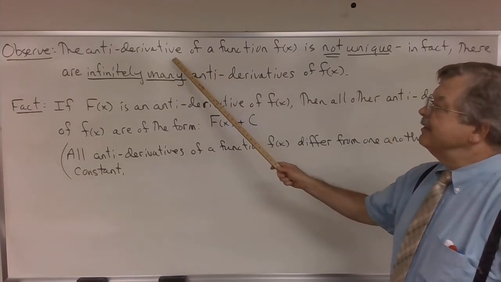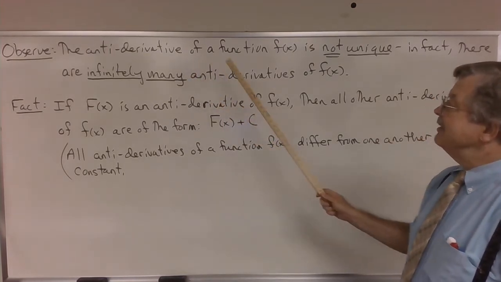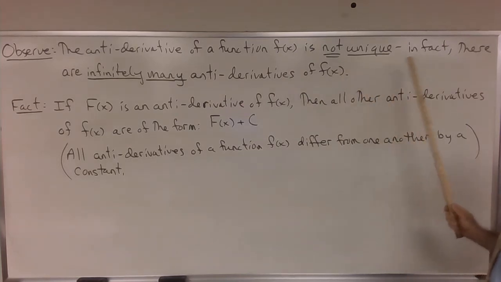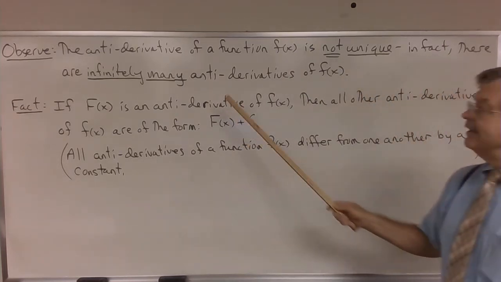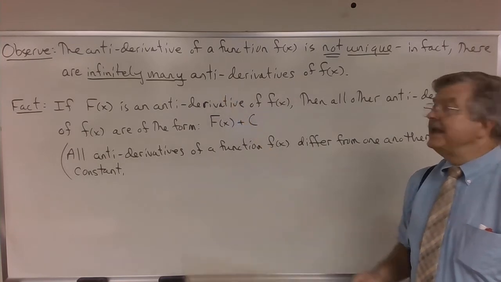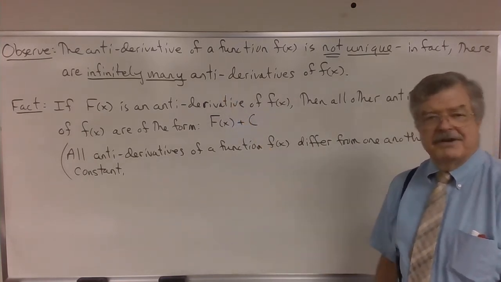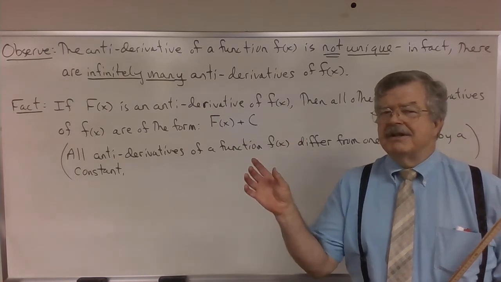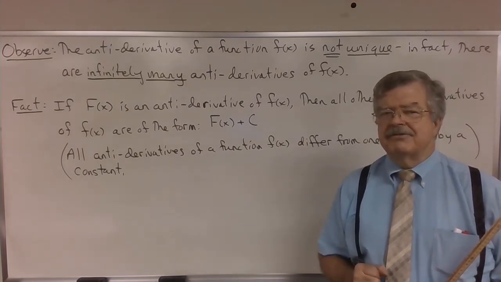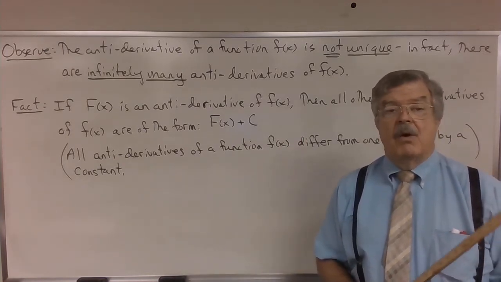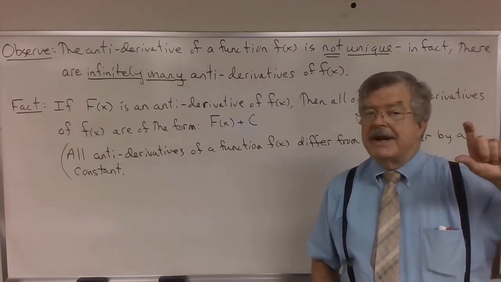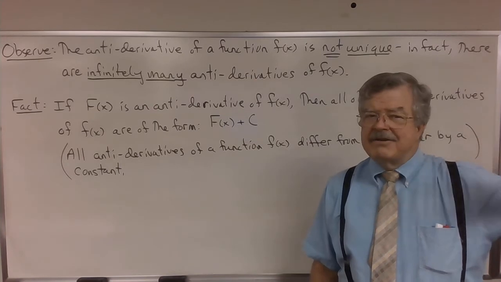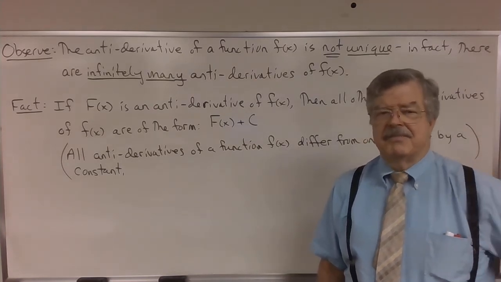So here's what we've noted. The antiderivative of a function f of x is not unique. In fact, there are infinitely many antiderivatives of a function f of x. When we were given the function little f of x equals 3x squared, all we had to do was take one antiderivative, x cubed, and just add different constants to it.